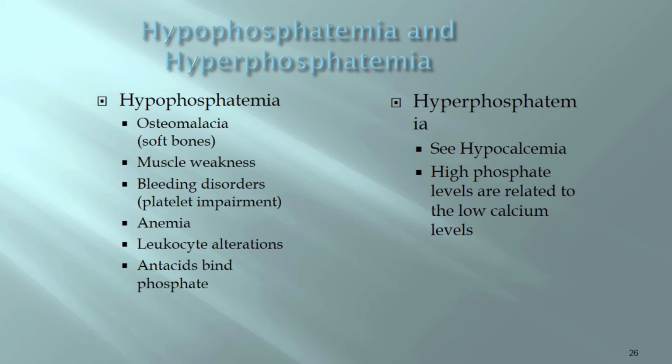Fixing this may include the treatment of hypocalcemia. So remember the equations we mentioned before, but again, high phosphate levels are related to low calcium levels. To make a long story short, the symptoms will be the same as symptoms of hypocalcemia because it always correlates together.